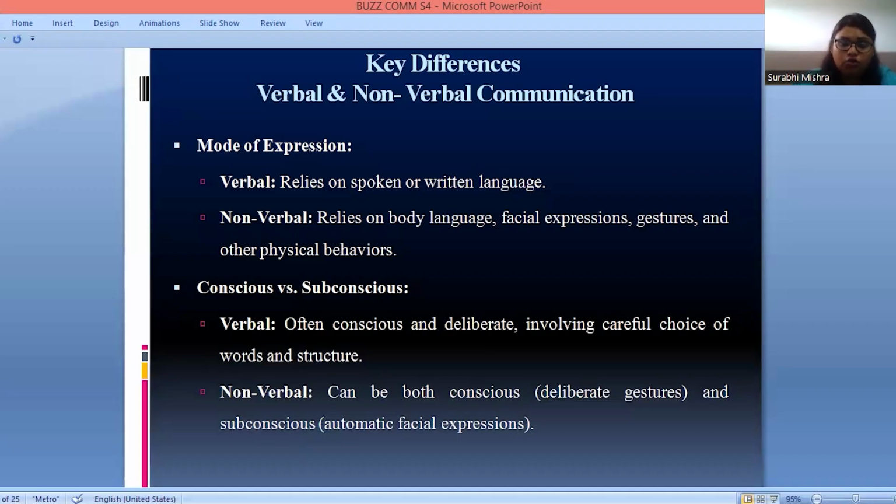We have to keep a close check over it. Non-verbal can be both conscious, that is deliberate gestures, and subconscious, automatic facial expressions. So it can include both the deliberate gestures and the automatic facial expressions as well.